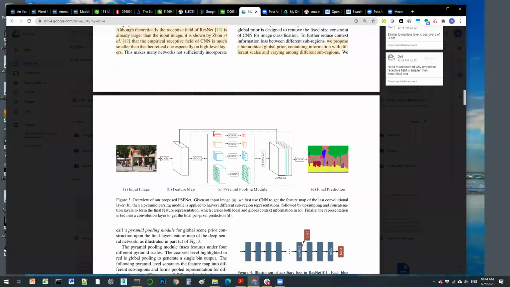Let's stick with the example of n equal to 4. One of them is a 1 by 1. The next one, the red one, the next orange scale is a 2 by 2. The blue scale is a 3 by 3. And the green one is a 6 by 6.